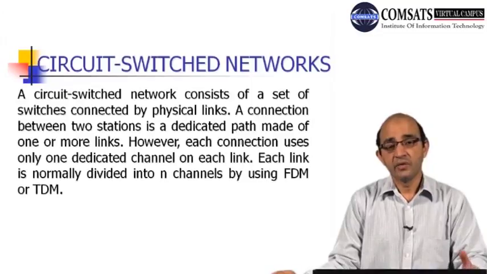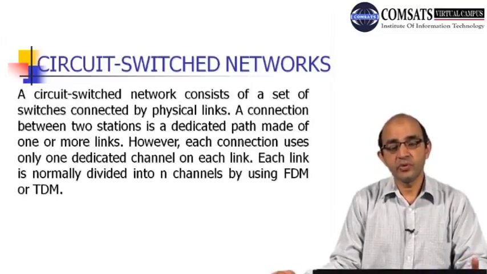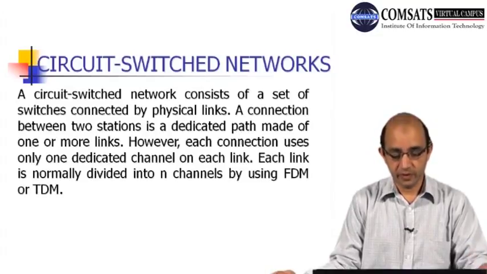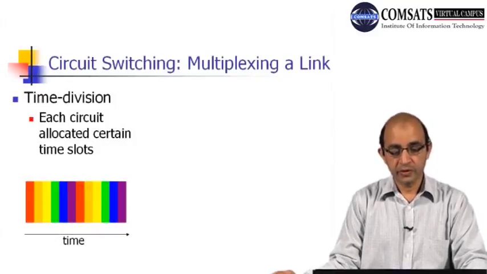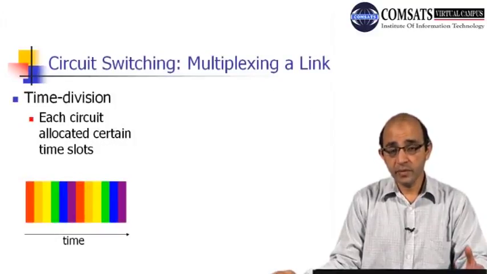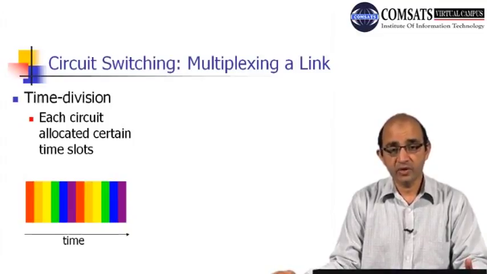Because physically we have one channel, but virtually we will divide that channel into sub channels in order to have transmission. So here we have the mechanism that is called multiplexing of a link.